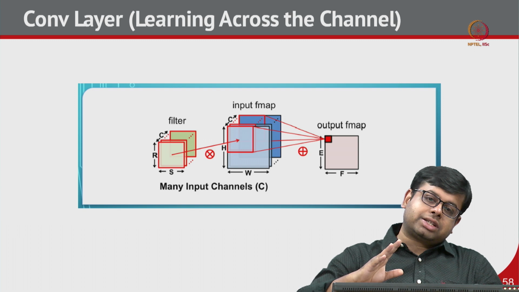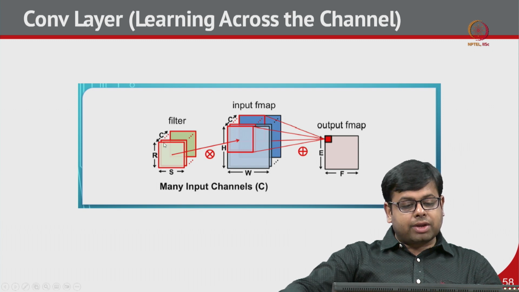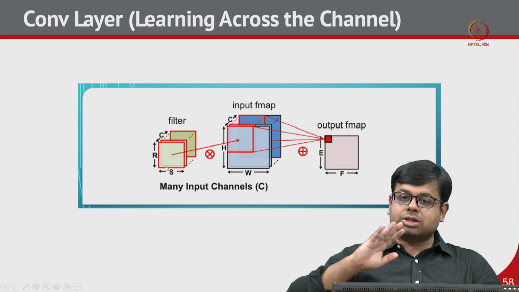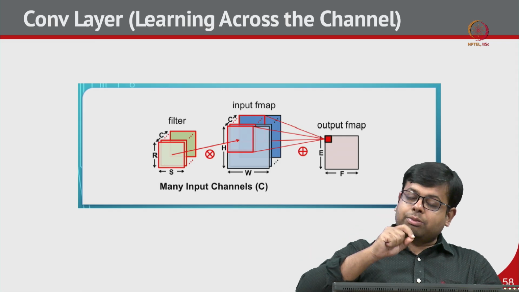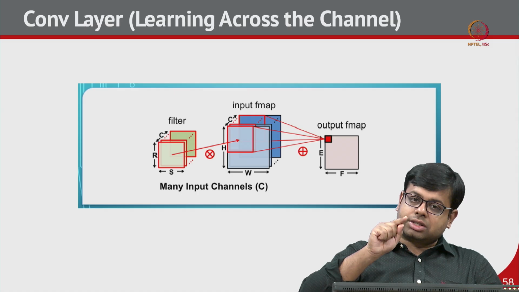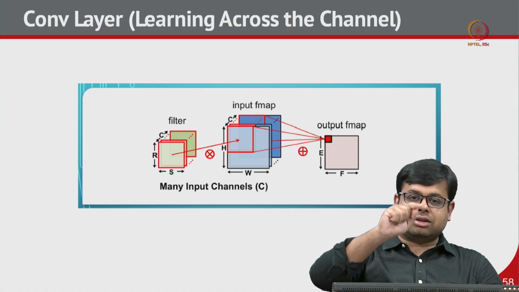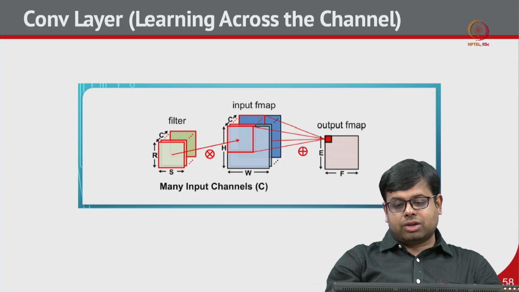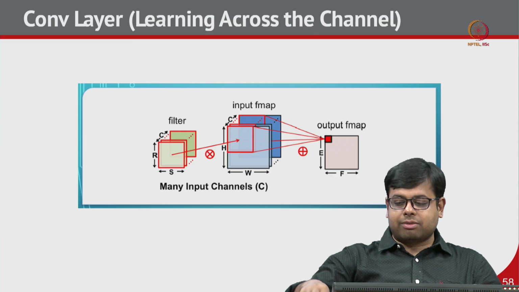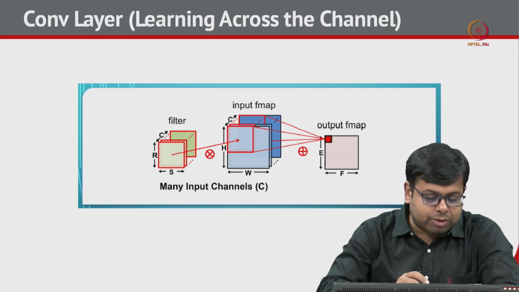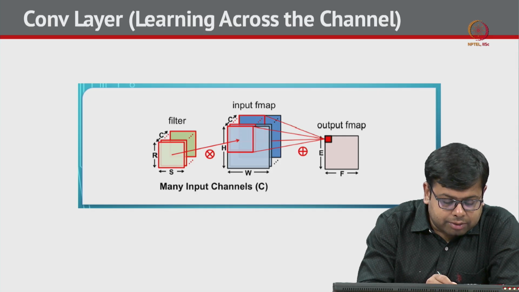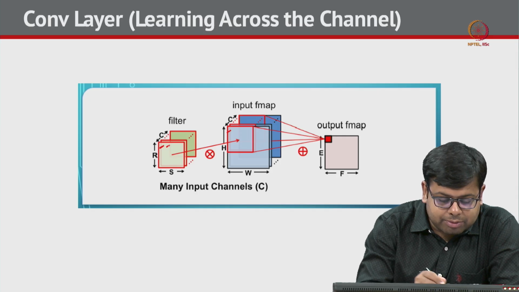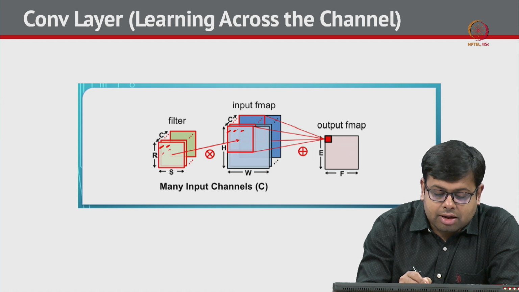Now, if we have multiple channels, we perform element wise multiplication and then addition for each of the channels, and after that we will get one value for each of the channels. All those values will get added across the channels, which will generate one output feature map, right. So, for example, in this case we have this R by S by C, right. Each of those pixels will get element wise multiplied in the input feature map, and from each channel we will get one number.